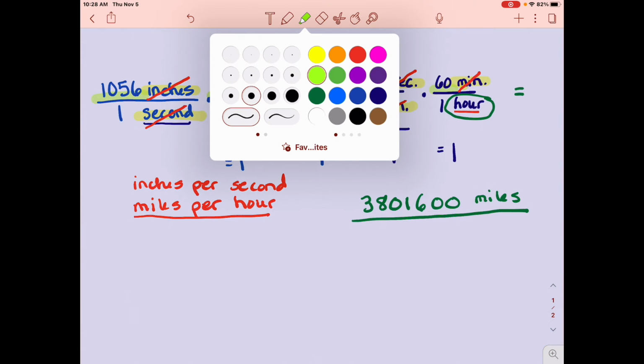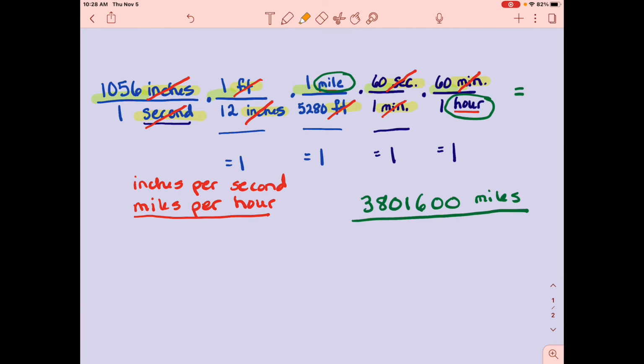Let's highlight that too. The 1 times 12 times 5,280 times 1 times 1. And so actually all those ones don't really matter. I'm just doing 12 times 5,280, and I'm going to get this number.